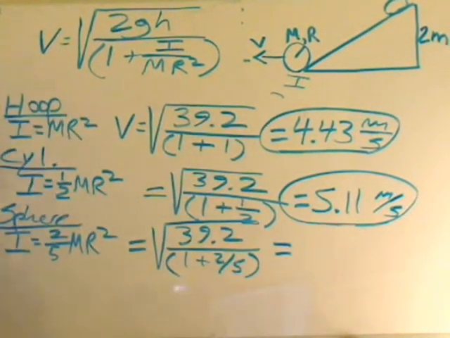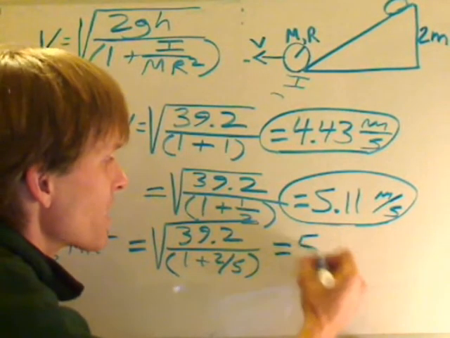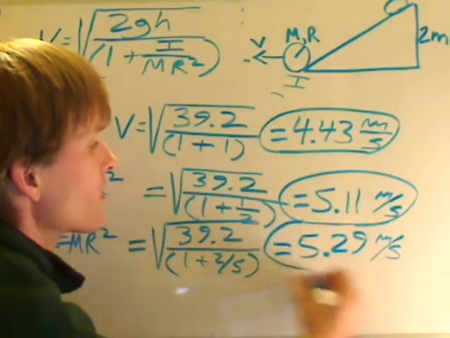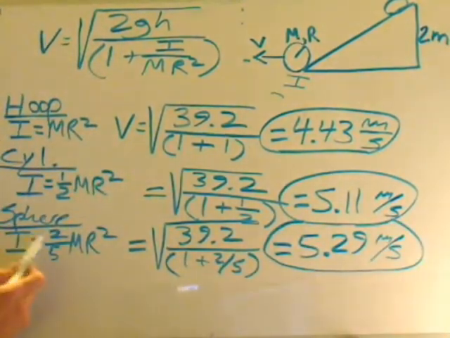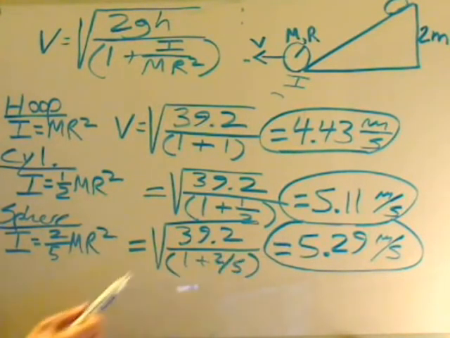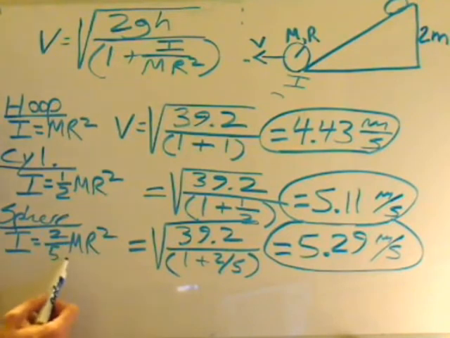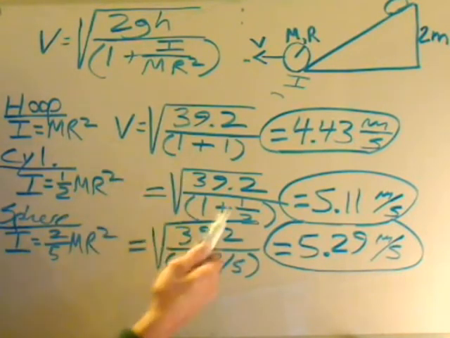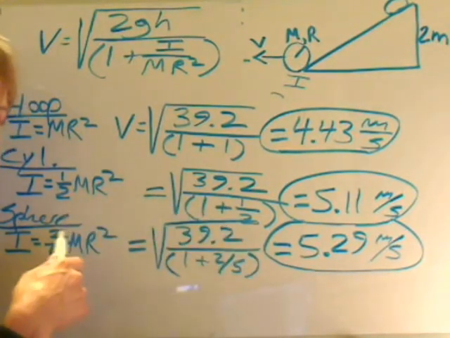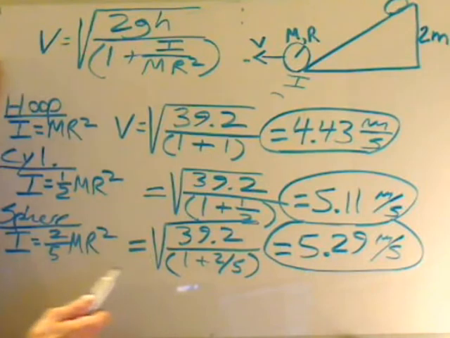We solve that, and we get 5.29 meters per second. So in this race between the sphere, cylinder, and hoop, the sphere gets to the bottom first. A sphere has more material concentrated near the center than a cylinder or a hoop, so less of the kinetic energy has to go into rotating the object. That might be a little clearer when we do the last part, part B.